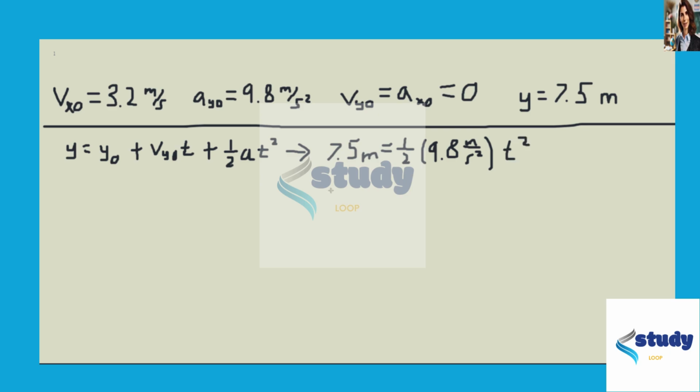Now all we have to do is solve for t. So t is going to be equal to the square root, because it's squared, of the 7.5 meters multiplied by the 2 from the 1/2, and then divided by the acceleration in the y direction, which is 9.8 meters per second squared.